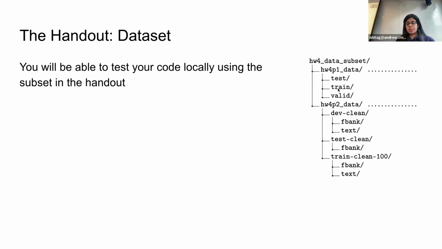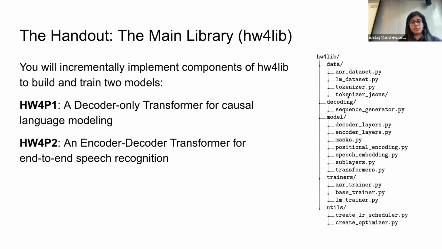Okay, so this is just how your data set will look. For homework 4 P1, it's just these files. This is your main homework 4 library, and this is a combination of the files that you'll be implementing as part of homework 4 P1 and P2. So it is your responsibility to ensure that the implementations are consistent for both the homeworks, because some parts in homework 4 P2 would be using some implementations from P1 as well.